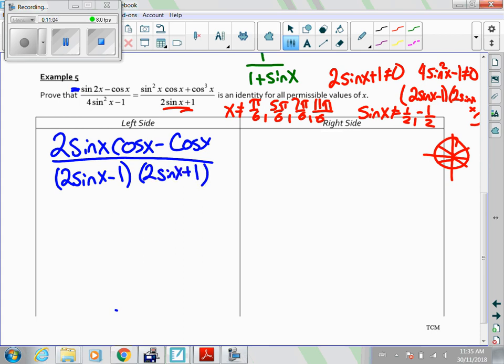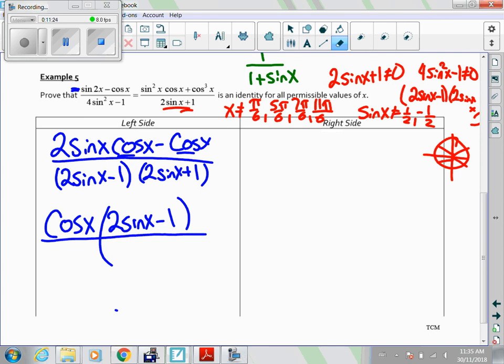And that gets me to here. Now, I can see that I can factor out a cos x of my numerator here. And that's just going to become 2 sine x minus 1, all divided by 2 sine x minus 1 and 2 sine x plus 1.